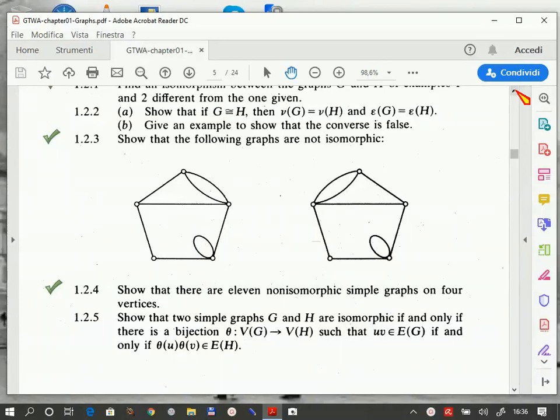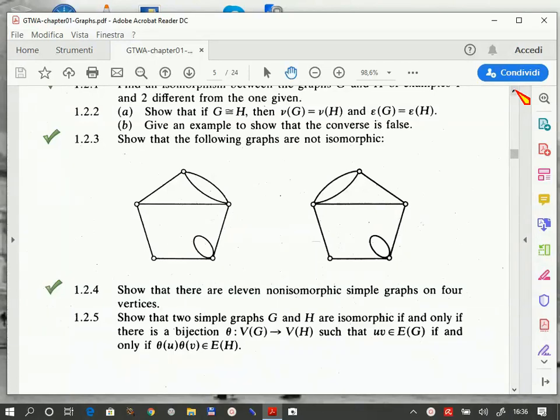How many vertices do we have? 5. Meaning that if you take all possible bijections between the vertices on the left and the vertices on the right, you have 5 factorial possibilities.